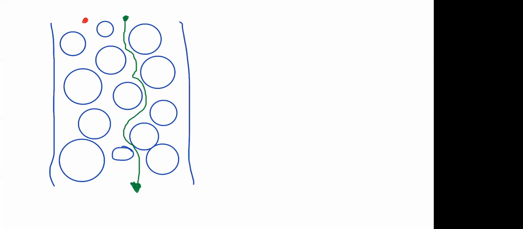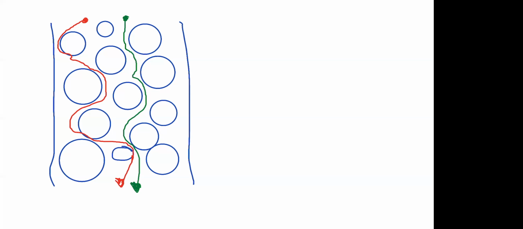Now, the red molecule starts also from the beginning of the column, but from a slightly different point. And what can start happening now is that this compound may go here to the left-hand side first, travel around these particles from here, and then from here, and then from here, and then maybe exit also from here somewhere.